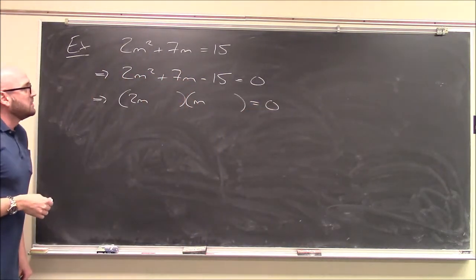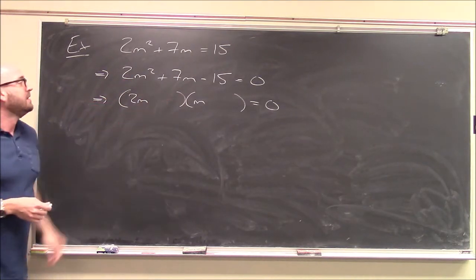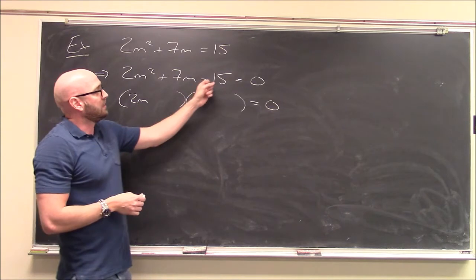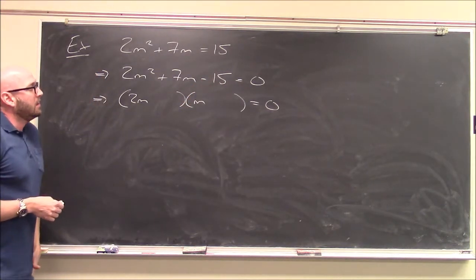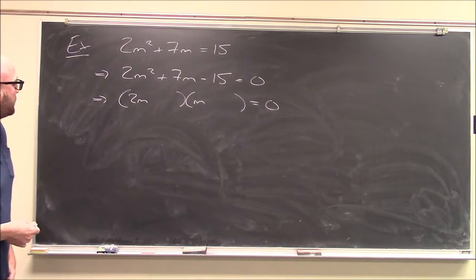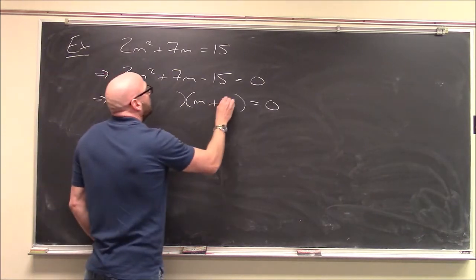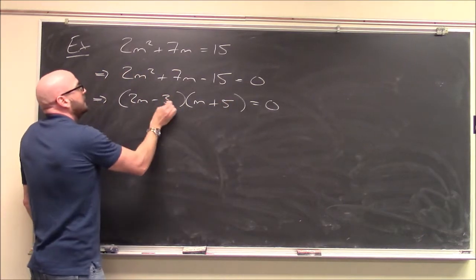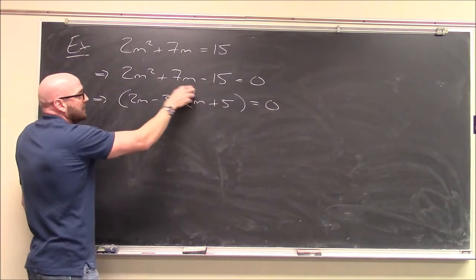Now pause the video and try and factor this, but the only way you're going to get 2m squared is if you have 2m times m. And now I'm looking for two numbers that multiply together to give minus 15. Not too many choices there, either 15 and 1 or 3 and 5. And I think what I want is plus 5 and minus 3. That'll give me 2m times 5 is 10m, minus 3m is 7m.